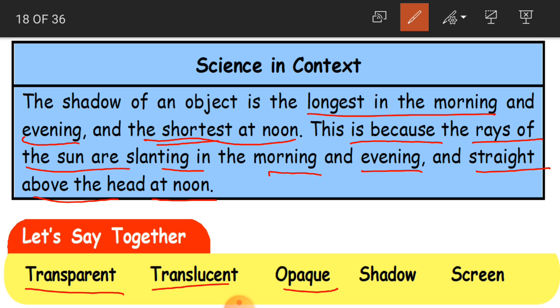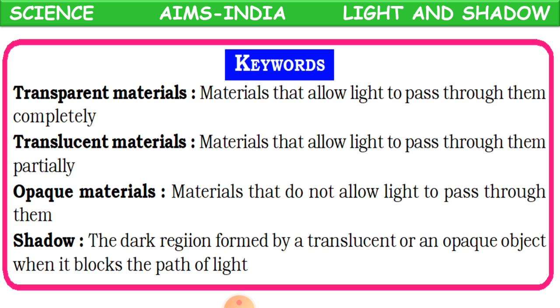Opaque, which is going to block the light. Shadow, like the reflection. Screen, whatever the surface where we are having our shadows, that is called a screen. Okay, clear?